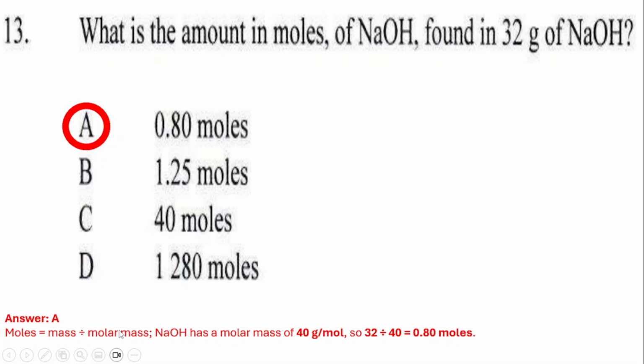The mass we have is 32 grams. The molar mass of NaOH is 40 grams per mole. So we say 32 divided by 40, and 32 divided by 40 is definitely going to be 0.8 moles. So the correct answer is 0.8 moles.